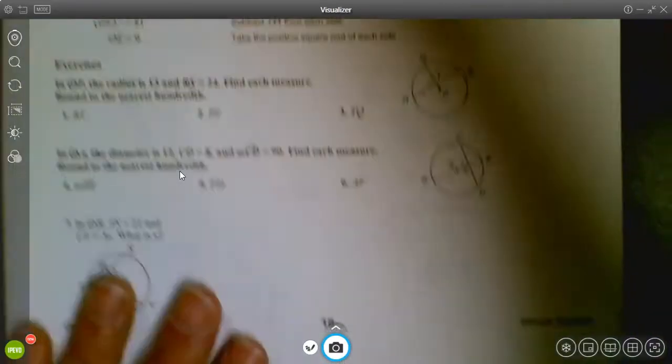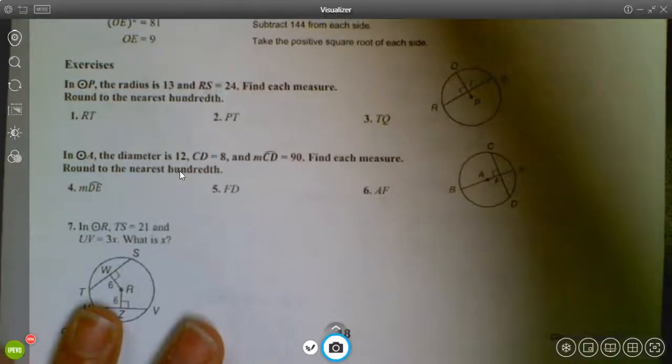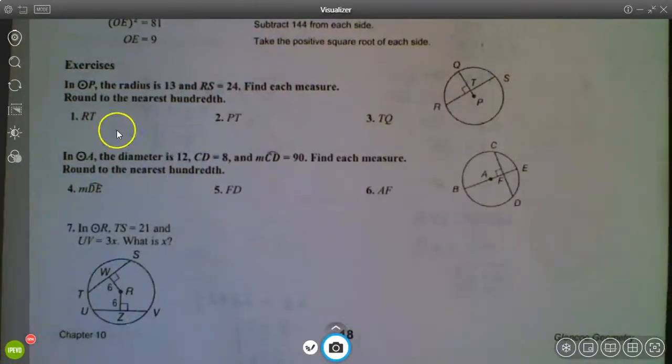Okay, let me go down to our final couple examples here. Let's do some practice on these. So in circle P, the radius is 13. So if you look at this one, the length from P to O is 13 because that's a radius. RS is 24. Find the measures. So let's just look at this for a minute. So let's apply the new rule. I have a radius that is perpendicular to a chord.